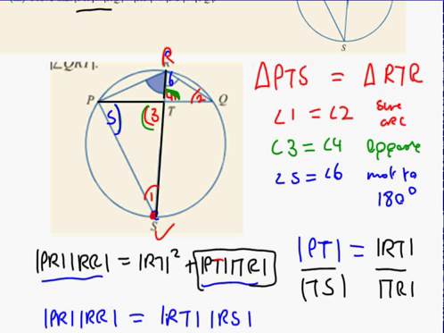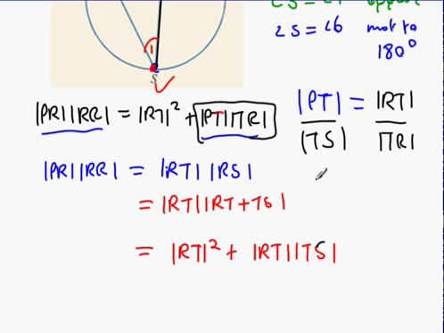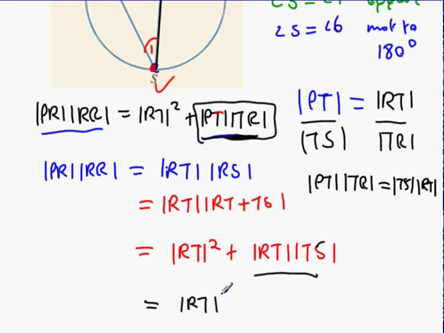Cross multiply, and you're going to get PT by TQ equals TS by RT. That thing is the same as that one there. So RT squared plus PT plus TQ, and hence it's proven.